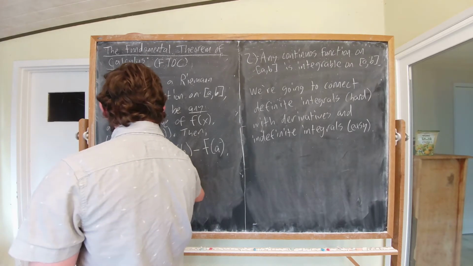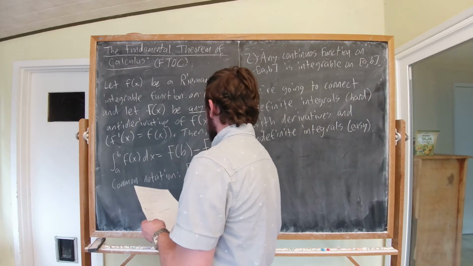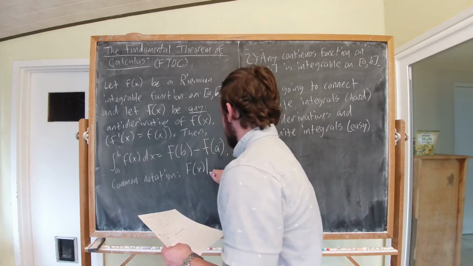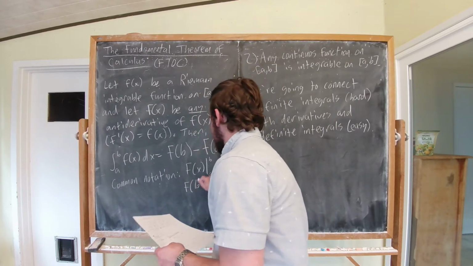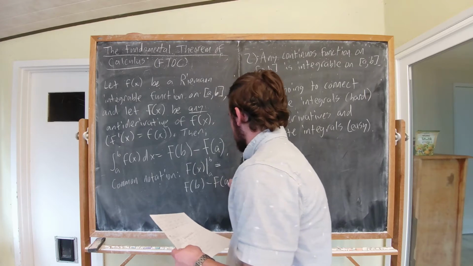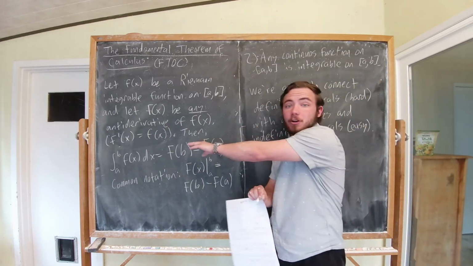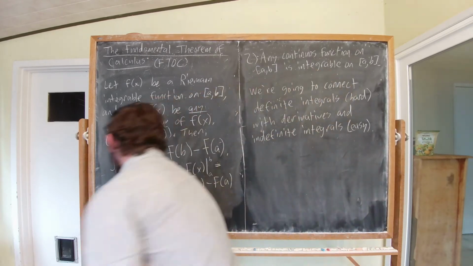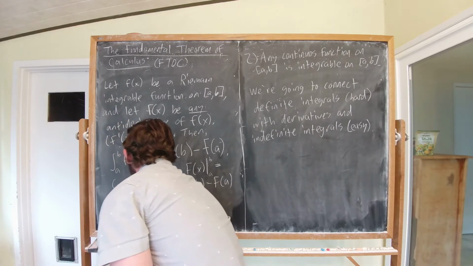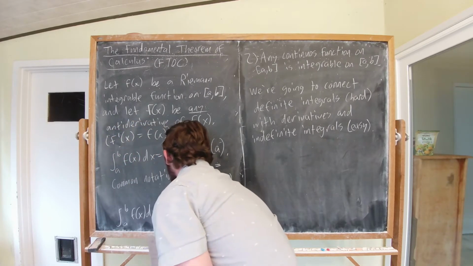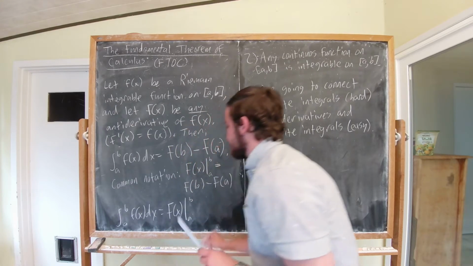Very common piece of notation is that capital F of x, and then we put a little bar, a b, is equal to F of b minus F of a. So, expressing our theorem in this notation, we have that the integral from a to b of f of x dx is equal to capital F of x going from a to b.